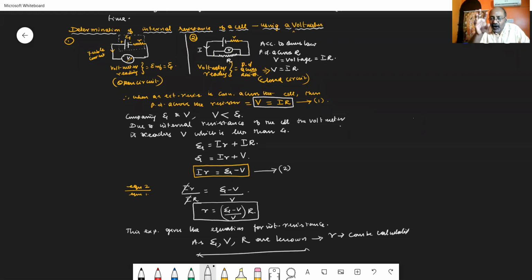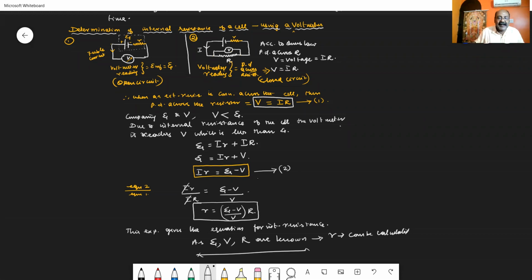So the total potential difference, called EMF, is equal to the potential difference across the internal resistance plus the potential difference across the external resistance. We know the potential difference across the external resistance is V, which is I into capital R.